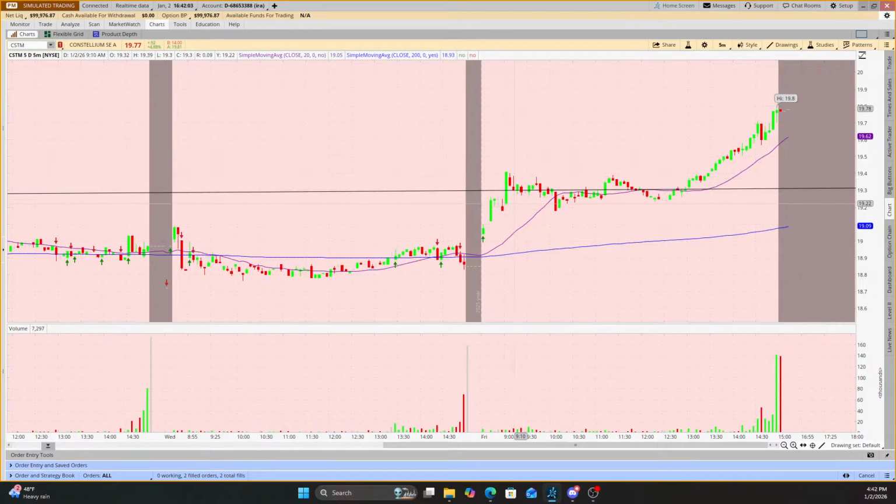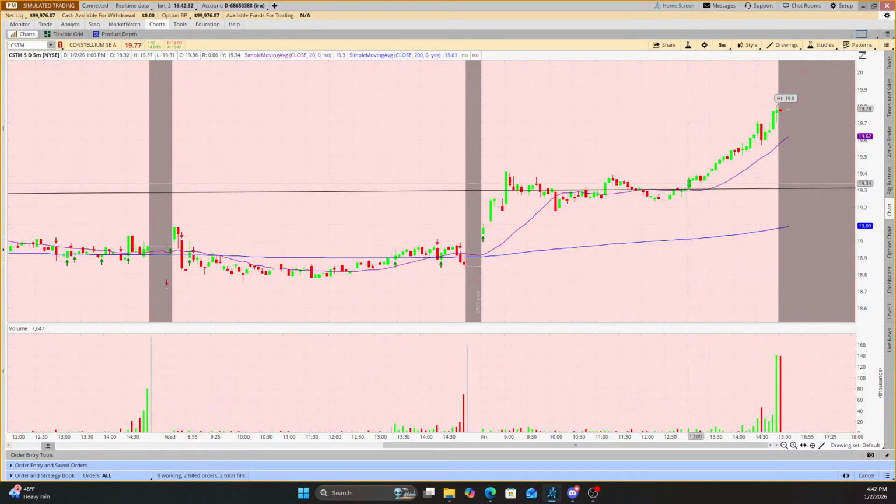So you would have got knocked out of the trade if you would have set the stop loss. However, this was the real one right here because we're on the 20. So boom. But it don't say no confirmation to sell. So I still probably wouldn't have bought it right there. Okay.